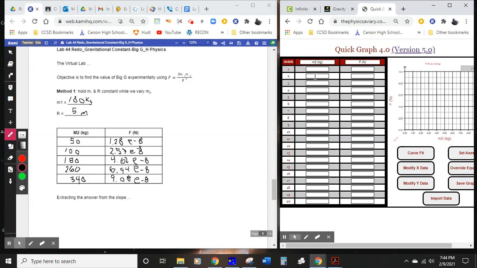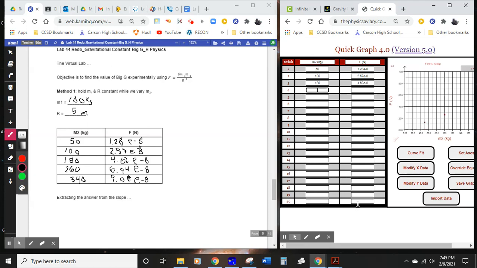So let's go ahead and plug in the values for M2. We have 50, right? So there's 50, we hit tab, 50, then 1.28 E minus 8. Hit tab. Next one is 100, tab, 2.57 E minus 8. And 3 would be 180, and this will be 4.62 E minus 8.